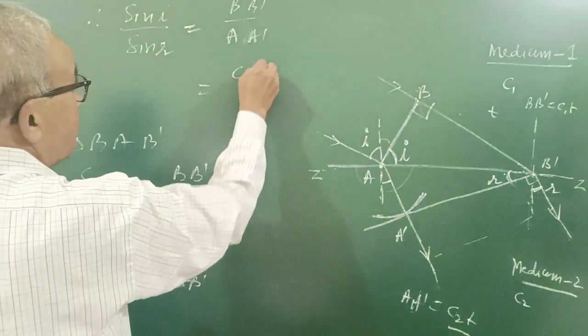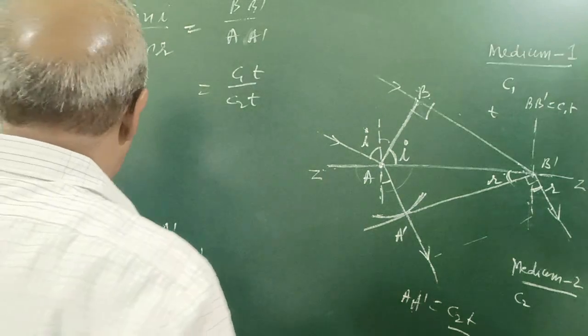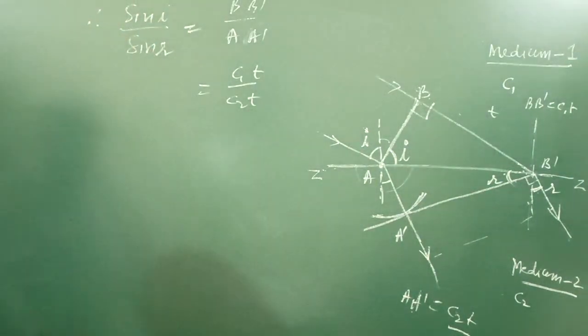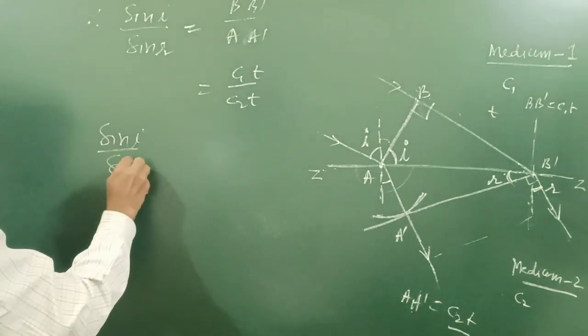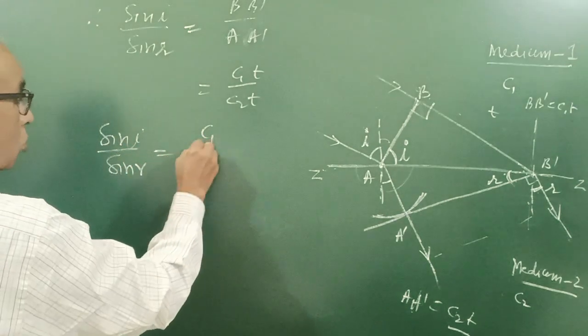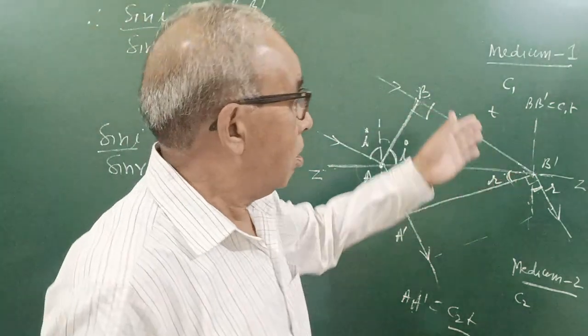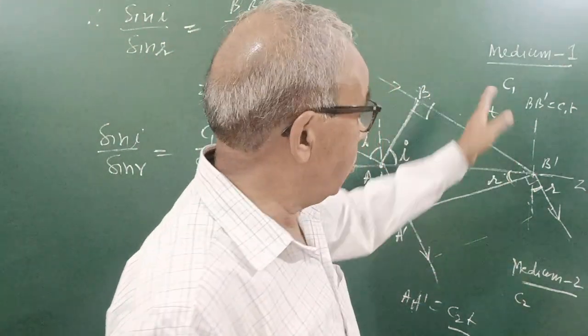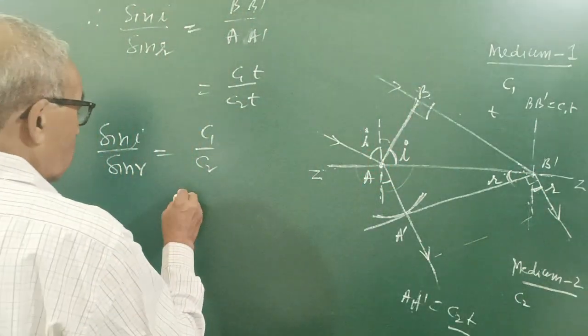It is C1T upon C2T. So sin I upon sin R is equal to C1 upon C2. Speed of light in medium 1, C1 and C2, they are fixed value. So C1 upon C2 is a constant.